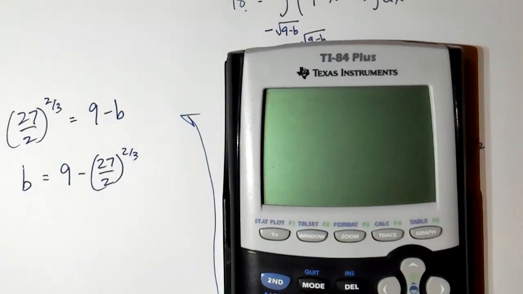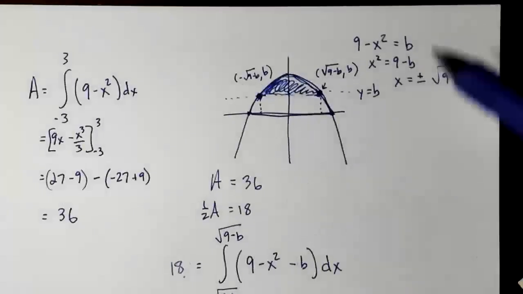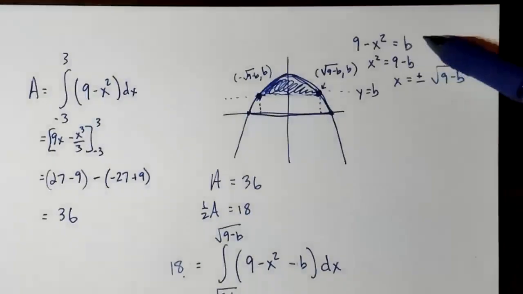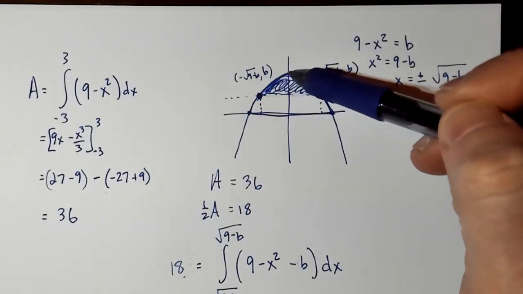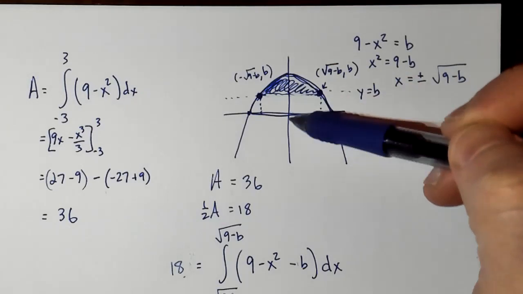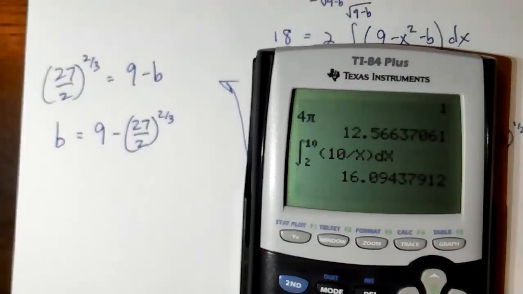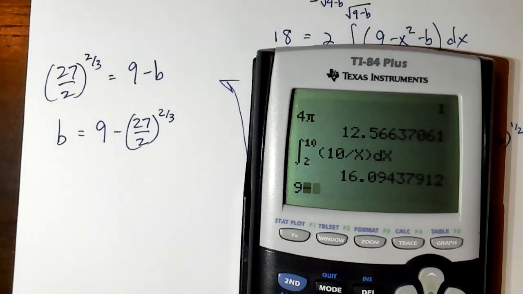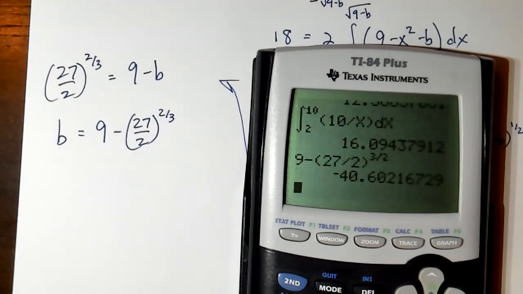Okay. So we know by looking at the graph up here that if it's 9 minus x squared, b obviously can't be greater than 9, right? That wouldn't make much sense. It's got to be between 0 and 9 here. So if we do 9 minus the quantity 27 divided by 2 raised to 3 divided by 2, that doesn't make any sense.